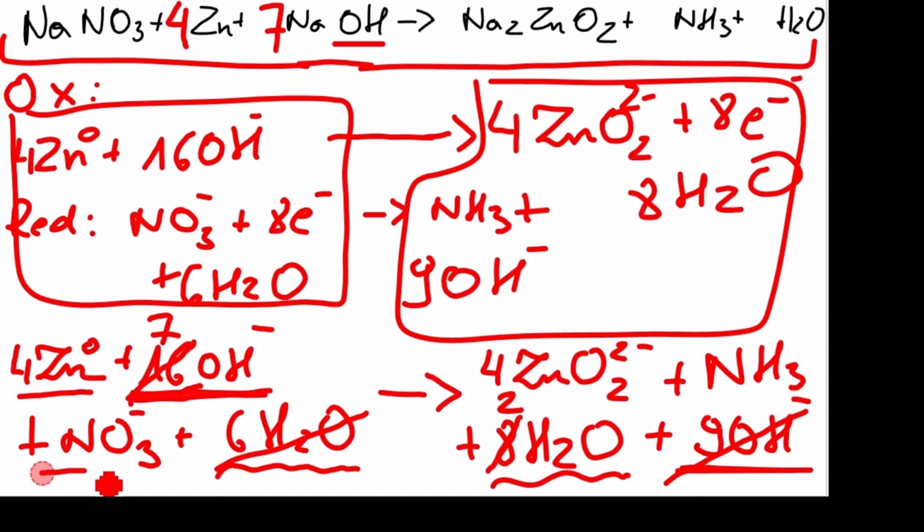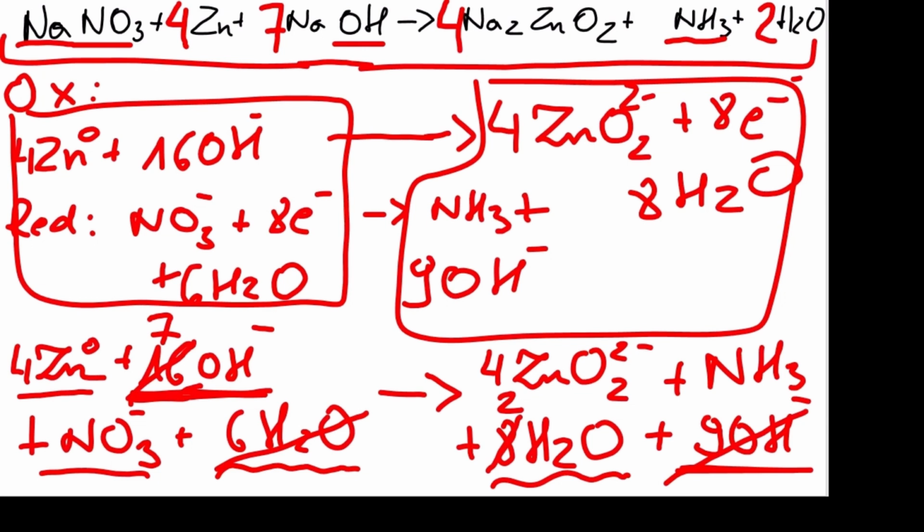What else? We have 1 nitrate anion. So we have 1 particle of sodium nitrate. Okay, so let's move to products. We have 4 zincate anions. So we have 4 particles of sodium zincate, 1 particle of ammonia, and of course 2 particles of water.